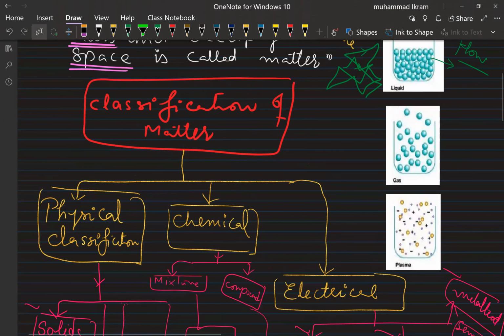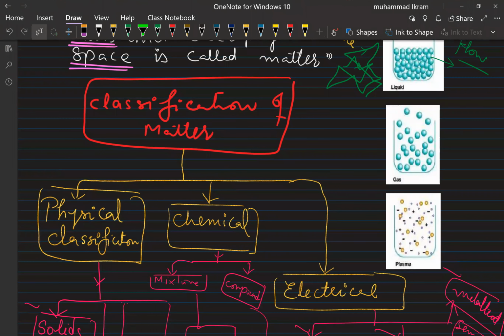The next one is gases, such as air. Gases have no fixed shape or volume. Just see here, the molecules are free. They can fill any container or any space available to them and take that shape. The molecules have random motion and move with very high velocities.